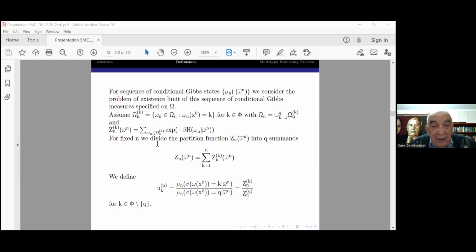So for fixed n, we divide the partition function into q parts, according to this equality. Since when n goes to infinity they all go to a limit, we will consider their ratio. So we define a new variable, u k n, this is the ratio Zn k to Zn q. And of course, when k equals q, we have 1. That is, k here runs over the spins without q.